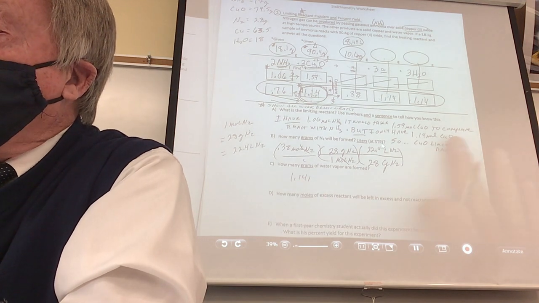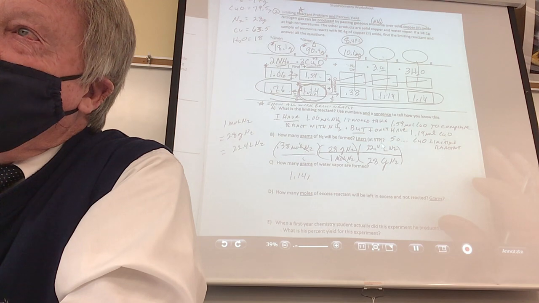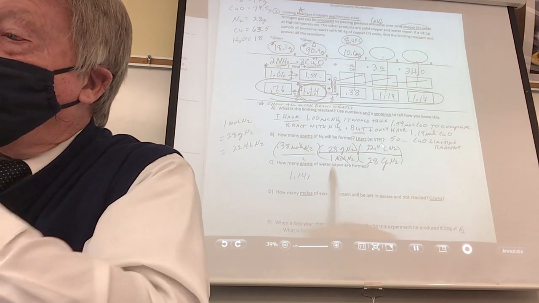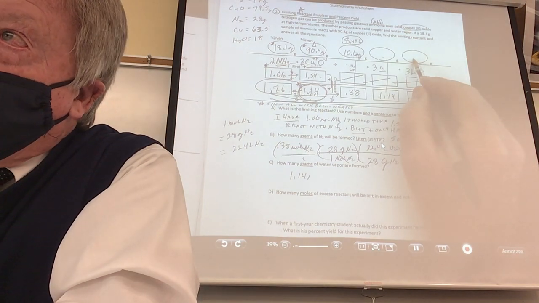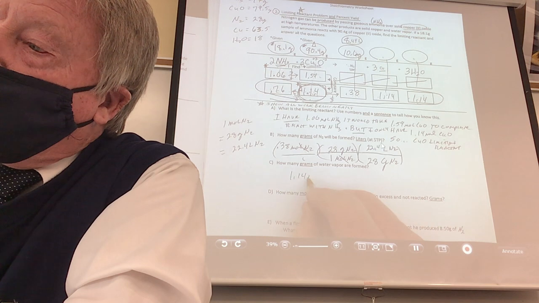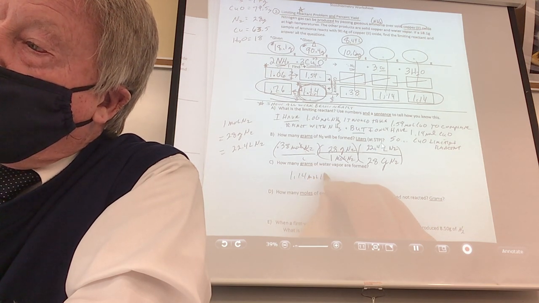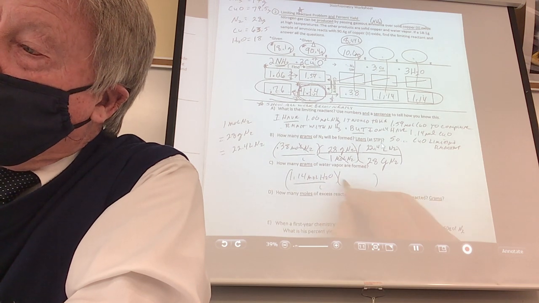What's my given? And since they want me to find this, as long as I didn't make a mistake, I can go ahead and start with this. So 1.1 for what? Moles of water. Okay, now tell me what to do next, Zach.